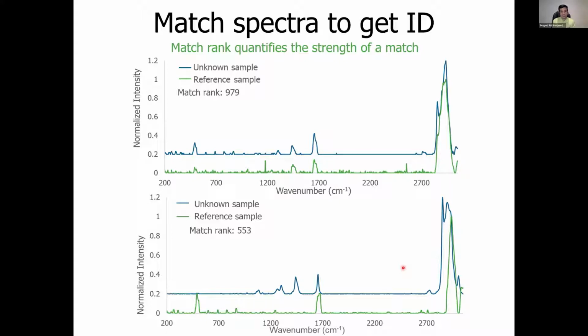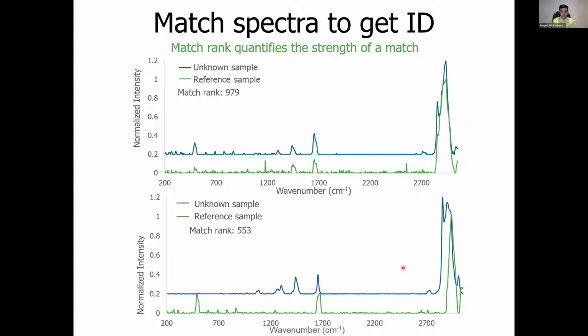How do you match the Raman response to your reference library? We do that through a process called match ranking, which is essentially just a linear correlation that correlates the spectra from the unknown particle to one of the reference spectra in the database.